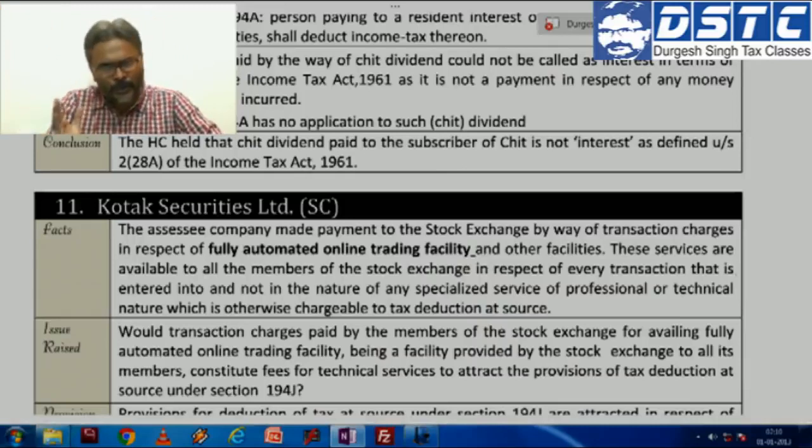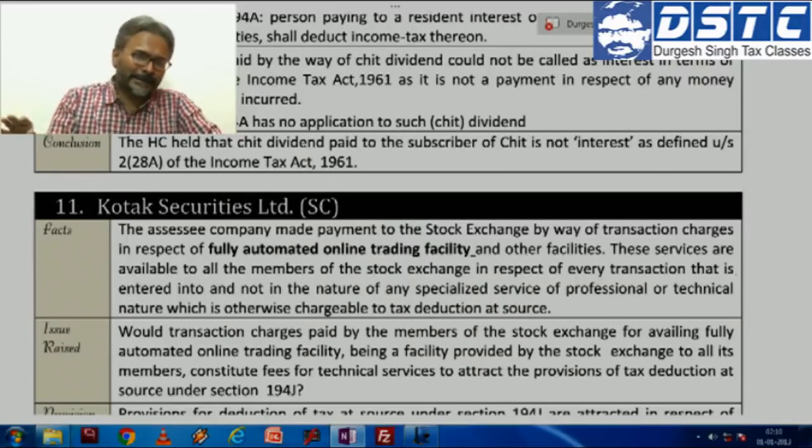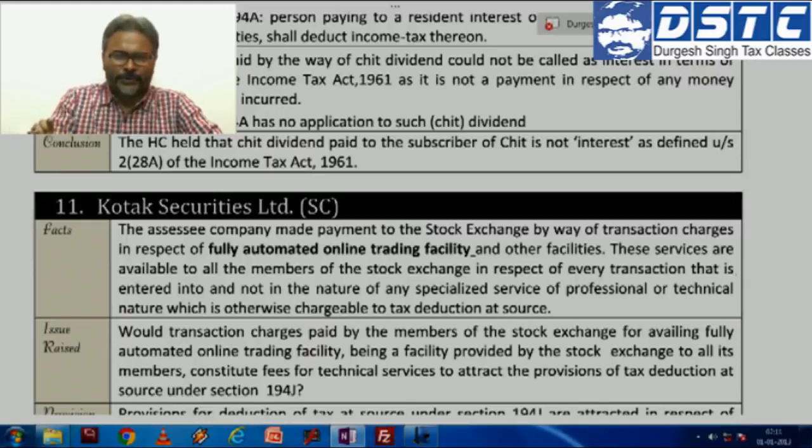So the company was a broker. It was making a payment to the stock exchange, which is Bombay Stock Exchange, for fully automated online trading facilities. And therefore the question came up whether the payment is in the nature of a technical service.